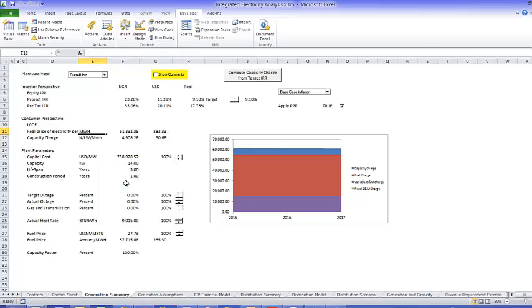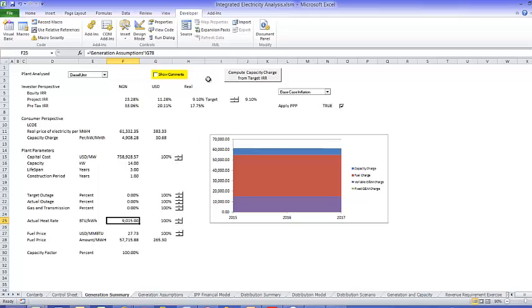This is in real Nairas, and why don't we put per kilowatt per month? So this is 30 US dollars and 4,908 Naira, and we can do all of our analysis and put the little spinner boxes in, do an analysis on what happens if we change the heat rate.